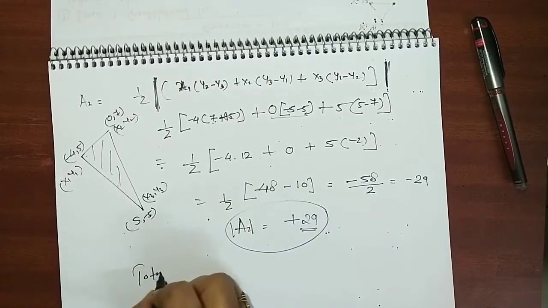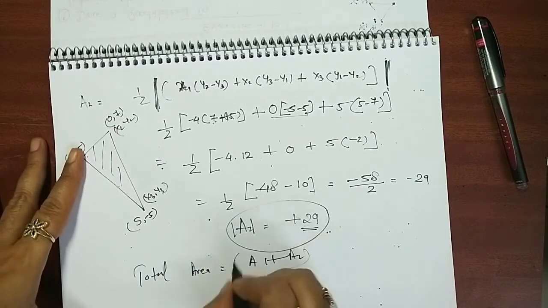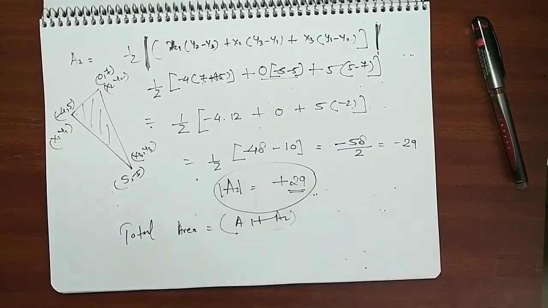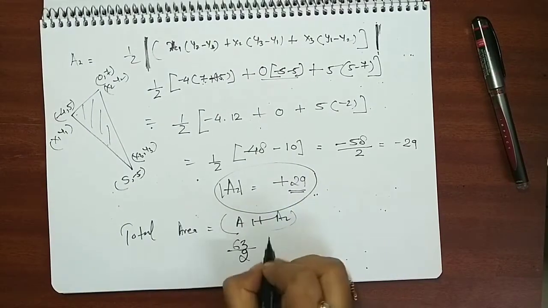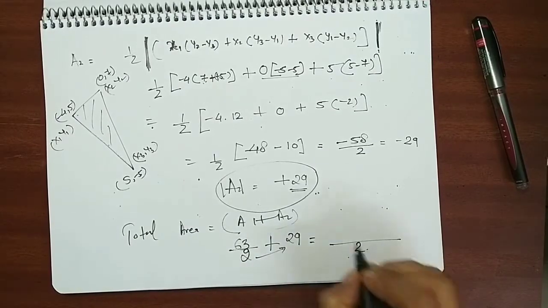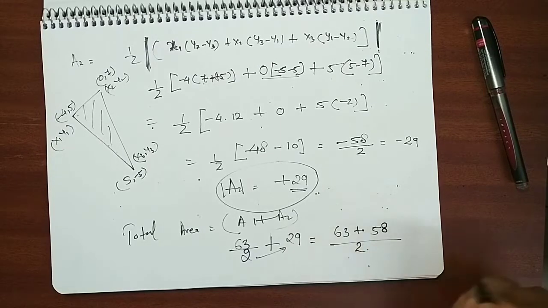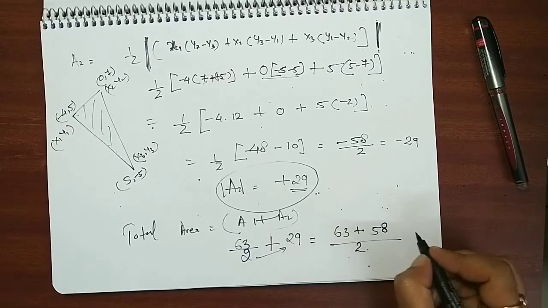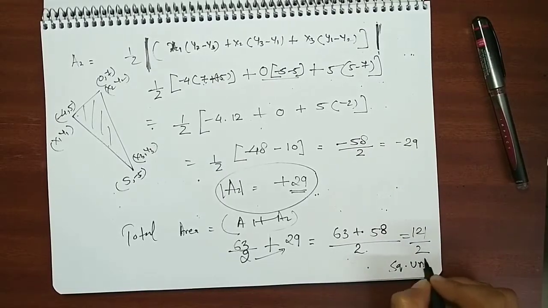So what is the total area, guys? Total area will be A1 plus A2. A1 was 63 by 2 plus 29. Multiplying with LCM 2, it is 63 plus 58, and I get the final answer 121 by 2 square units.